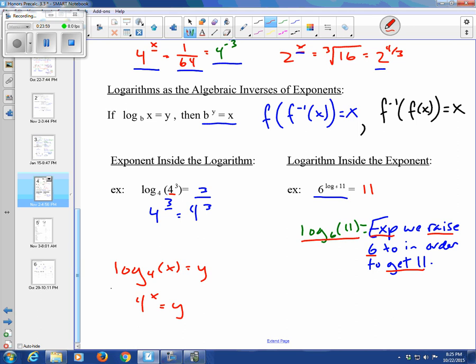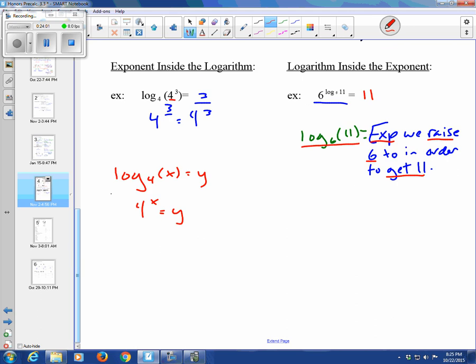We can see this probably a little bit easier with something like 2 to the log base 2 of 8, right? Now, if we were to evaluate log base 2 of 8, well, that would be the exponent we have to raise 2 to in order to get 8, which would be 3.